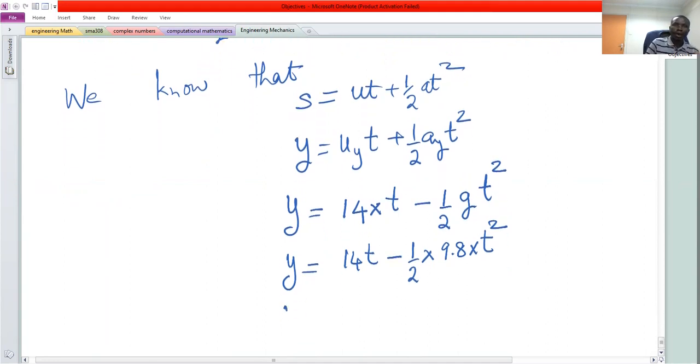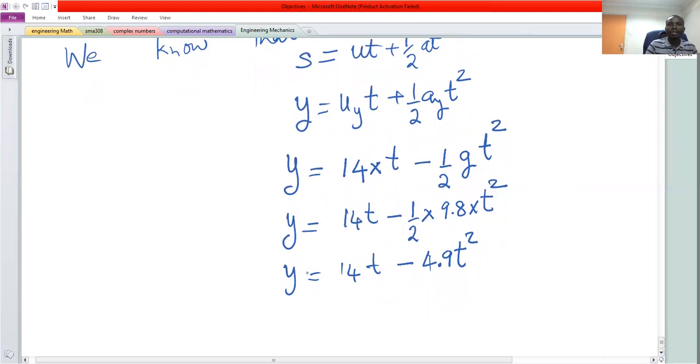So this will be y equals 14t minus a half times 9.8, that's 4.9, t squared. Now, if we have the value of t, then we'll be able to get the vertical displacement.